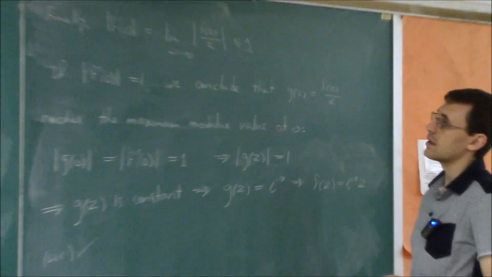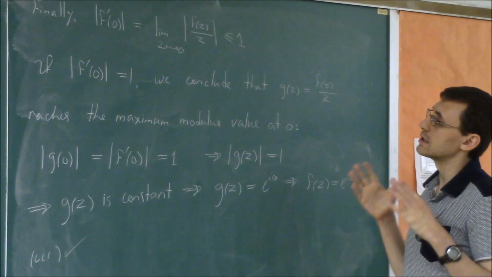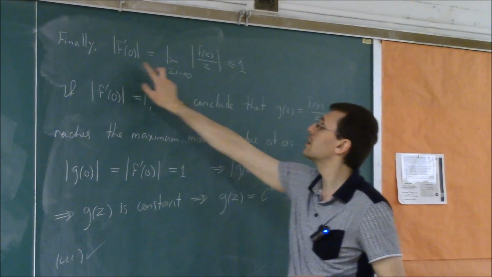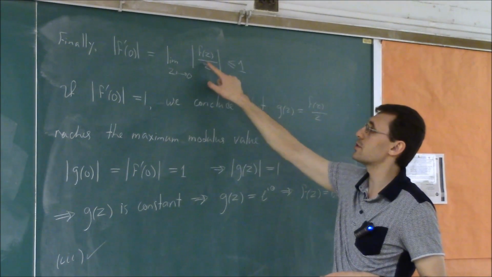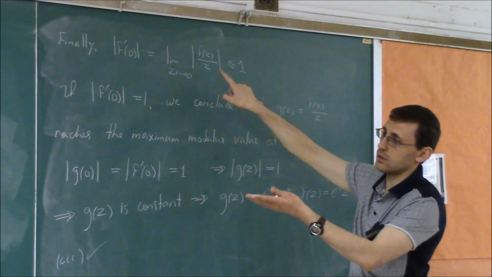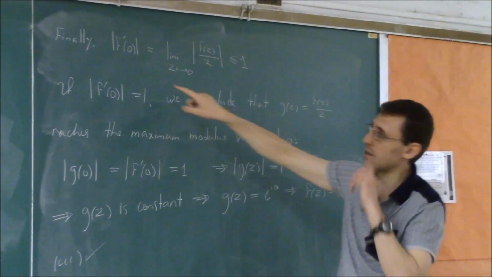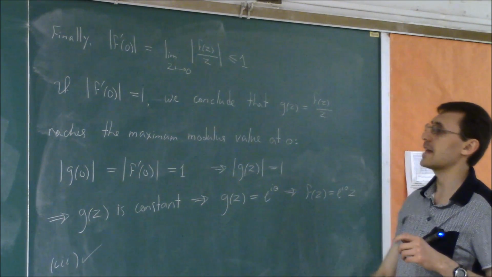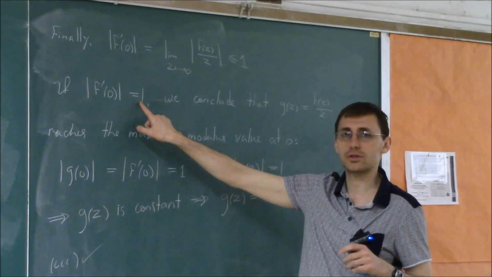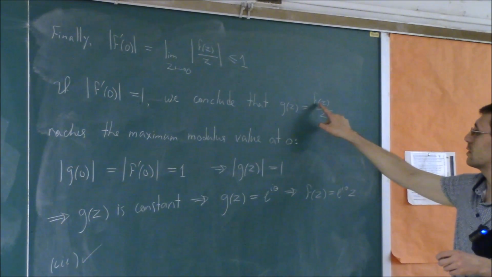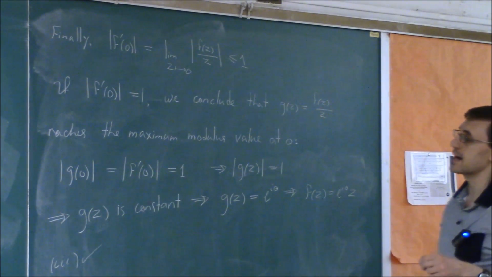Now let's look at what happens with the derivative of f at 0. First of all, the modulus of f prime of 0 is the limit as z goes to 0 of the modulus of f of z over z. That's the definition of the derivative. Now we know that f of z over z by result I is smaller than 1. So that tells us that the derivative has modulus no bigger than 1. If it happens that the derivative at 0 has modulus 1, we conclude that the function g of z, which is f of z over z, takes its maximum value at 0.